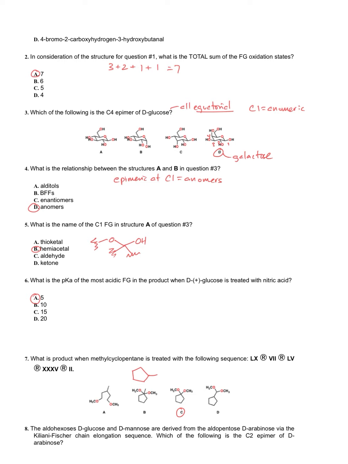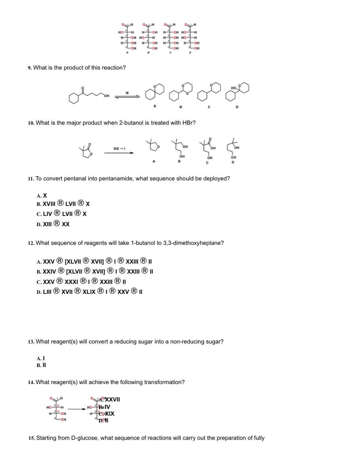Question 8, the aldohexoses D-glucose and D-mannose are derived from the aldopentose D-arabinose via the Kiliani-Fisher chain elongation sequence. Which of the following is the C2 epimer of D-arabinose? So this one's going to be C. So we know that glucose is equal to right, left, right, right when we're going down the chain.